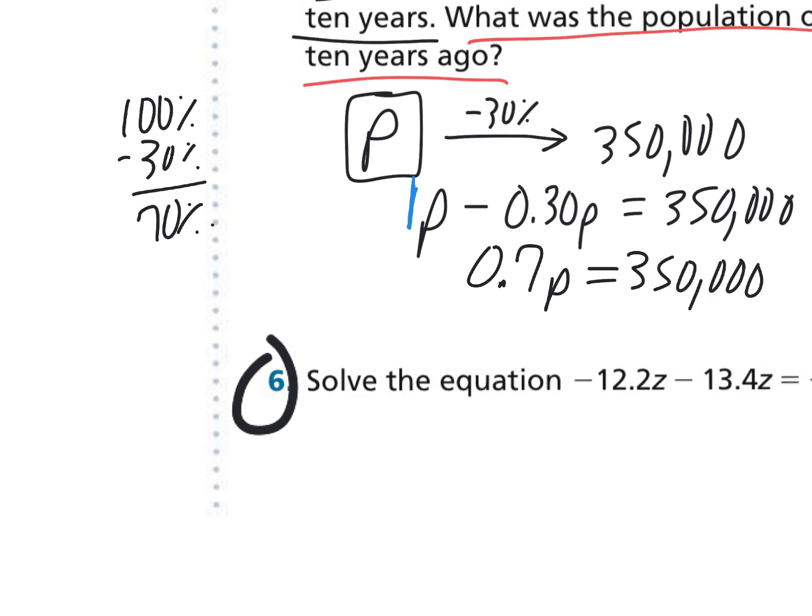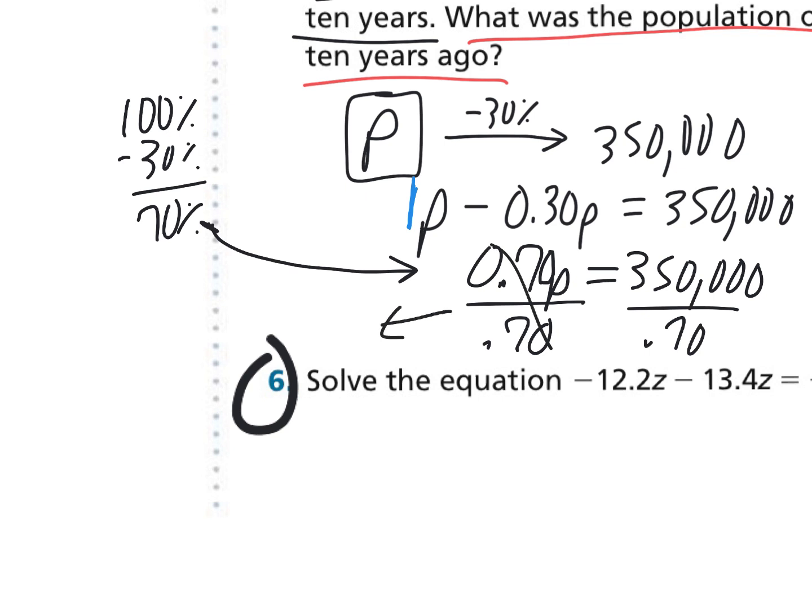And if you think about it, really this is what we'd have doing it that second method. If you have 70%, that's the same as 0.7 or 0.70. We can keep the 0 there if you'd like. 0.70P. And then when you divide that, that's going to be what the original population was, which should be 500,000.